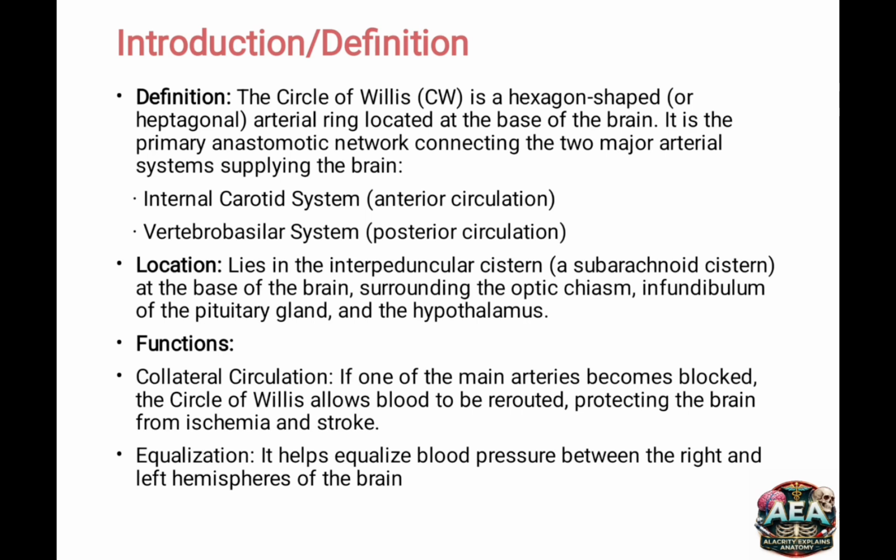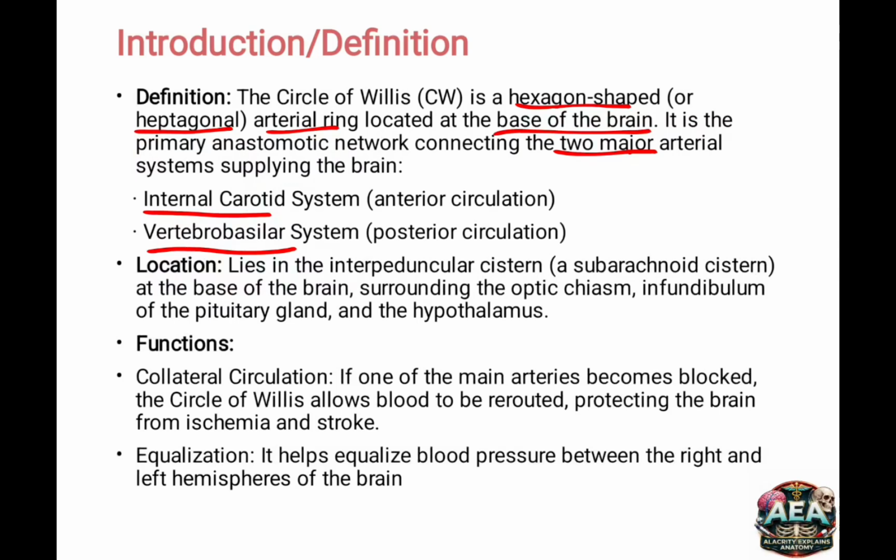The Circle of Willis is a hexagon-shaped or heptagonal arterial ring located at the base of the brain. It is the primary anastomotic network connecting two major arterial systems supplying the brain. These two systems are the internal carotid system and the vertebro-basilar system.